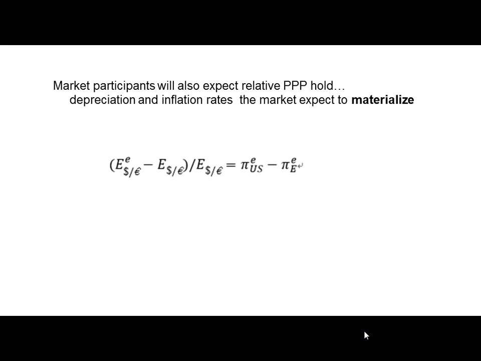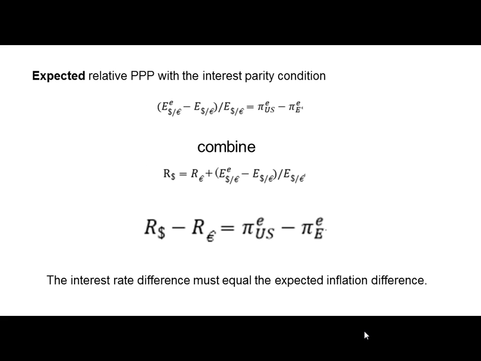This equation is the expected version of relative PPP, and this expected relative PPP is the interest parity condition, and we can combine the two. So we get this equation: the interest rate difference must equal the expected inflation difference.